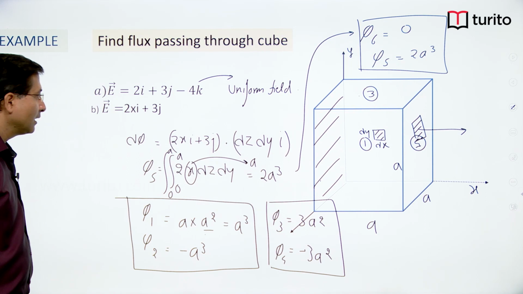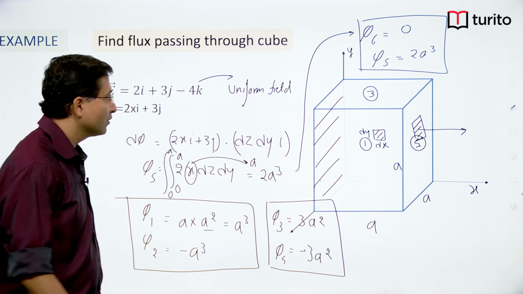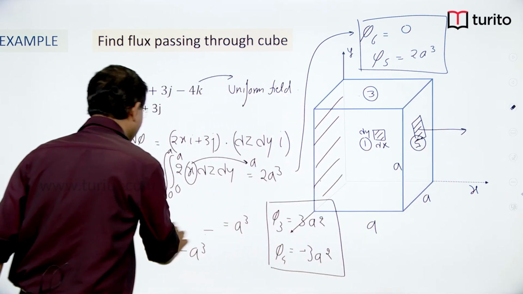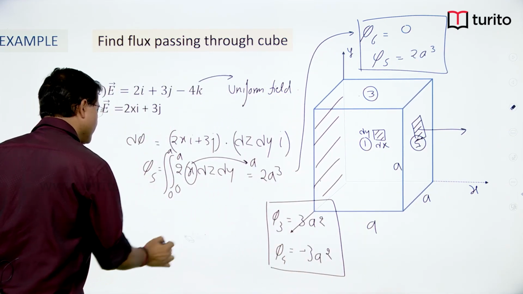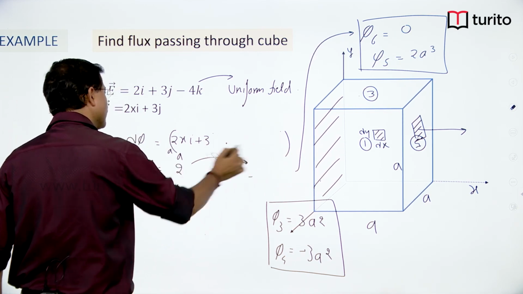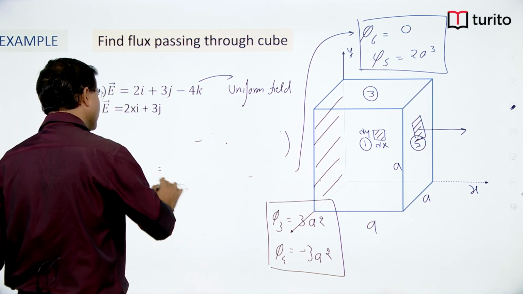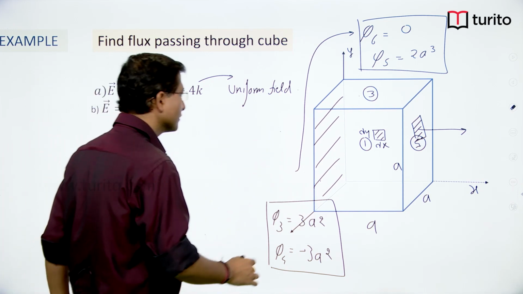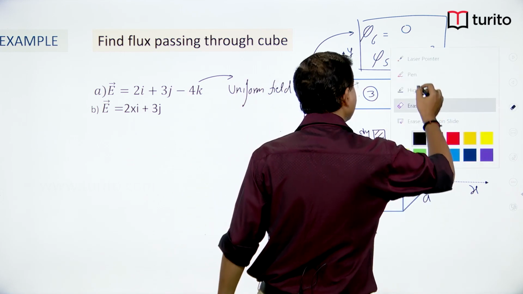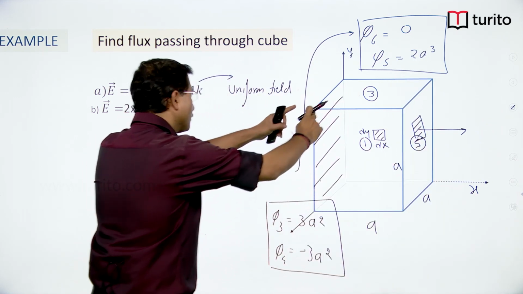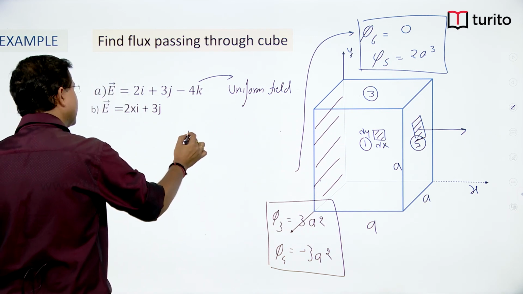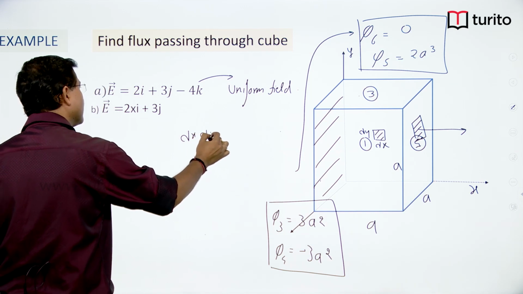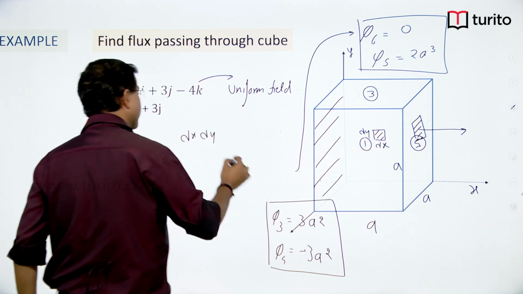And phi 1, phi 2, what we did for phi 1, phi 2? So, for this surface it is dx dy, outward k cap.